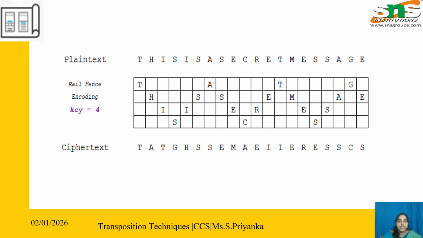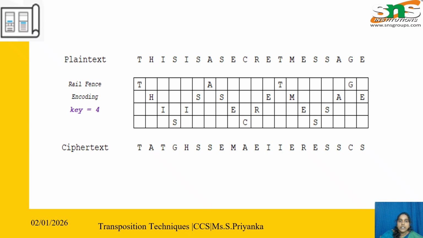We have chosen this. As you all know, this is the rail fence. In this, the plaintext is: this is a secret message. In the rail fence coding, the key or depth given is 4, so we are using 4 rows: 1, 2, 3, 4.